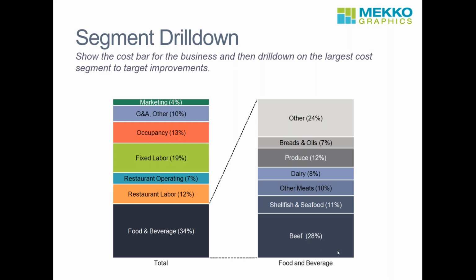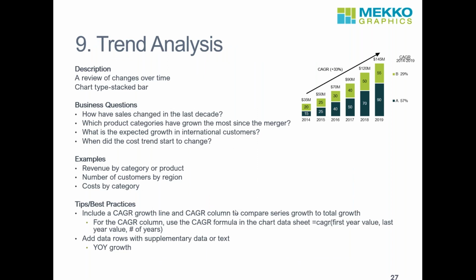So just a 100% stack bar chart with a couple of bars, and we're using these segment links to show that the bar on the right is an expansion of one section of the bar on the left. So another chart that I find really useful, very common, but very powerful, is a trend analysis chart.